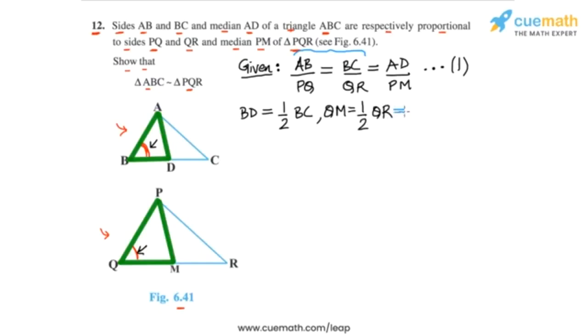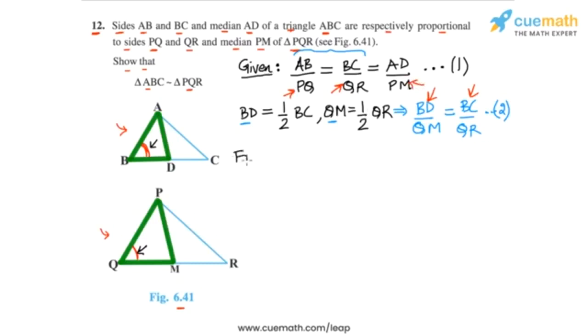So this means that BD by QM, if we take the ratios BD by QM, this will be equal to BC by QR. So BC by QR, let's call this equation 2. So from 1 and 2, we observe that BD by QM is equal to BC by QR, but BC by QR is equal to AB by PQ and AD by PM.